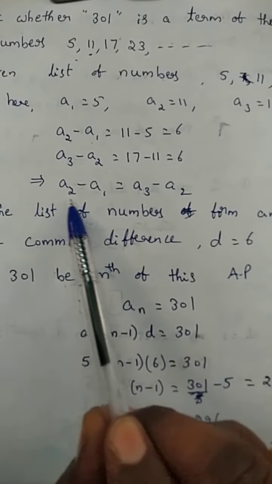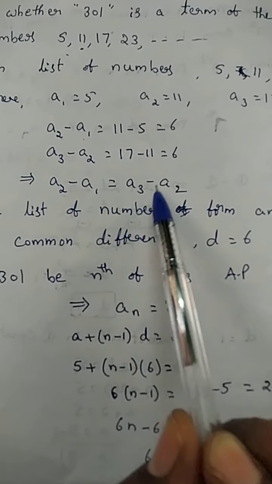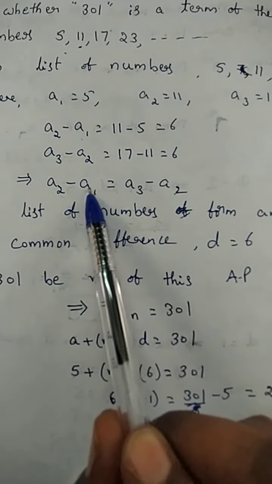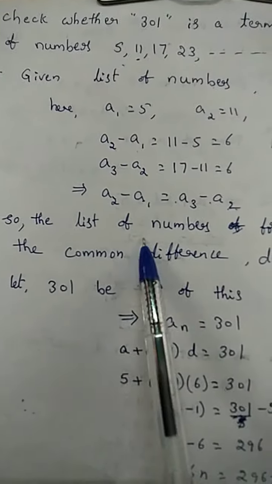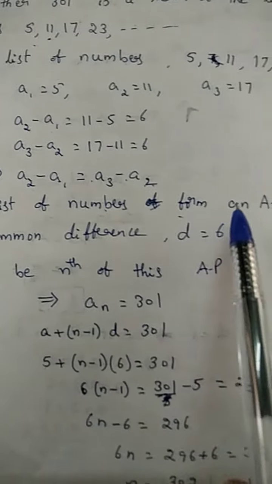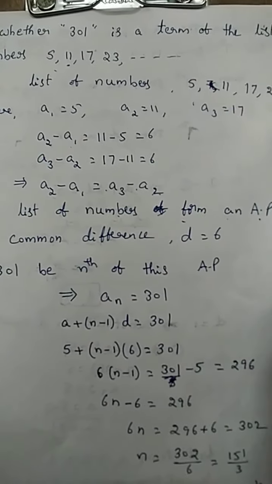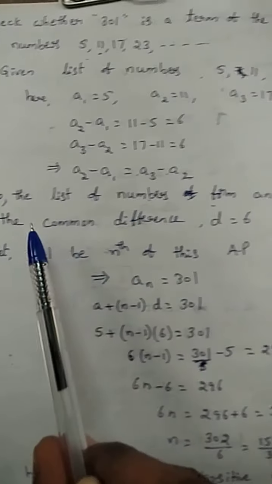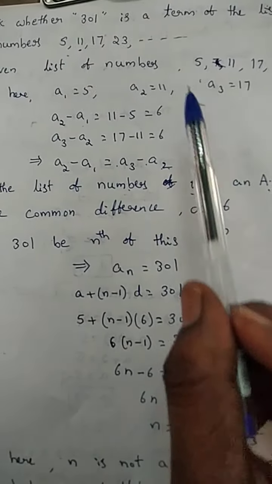So A2 minus A1 is equal to A3 minus A2, and the given list of numbers forms an AP with the common difference. What is the common difference? d is equal to 6.